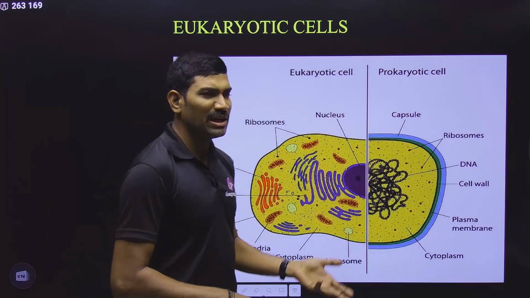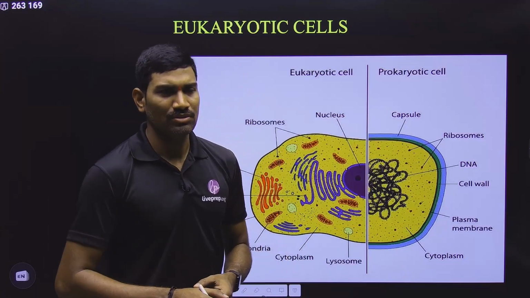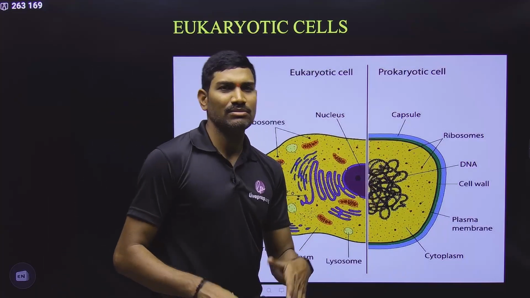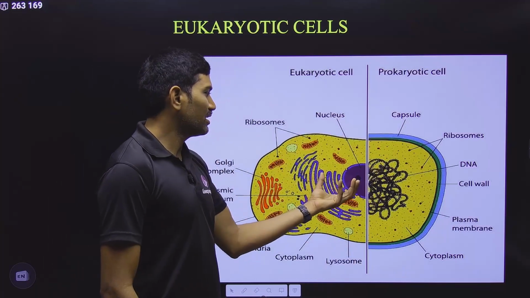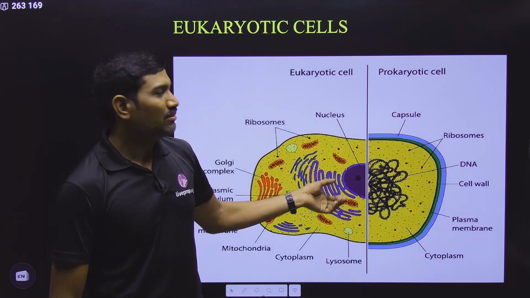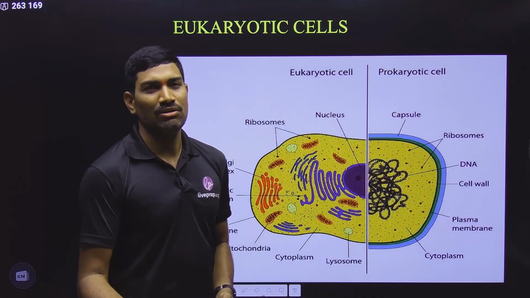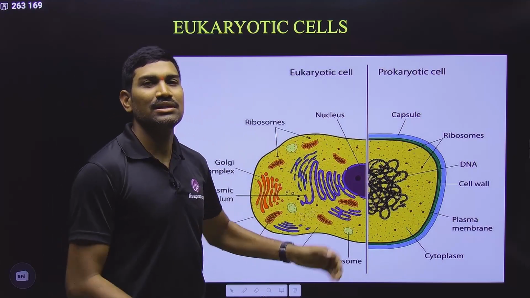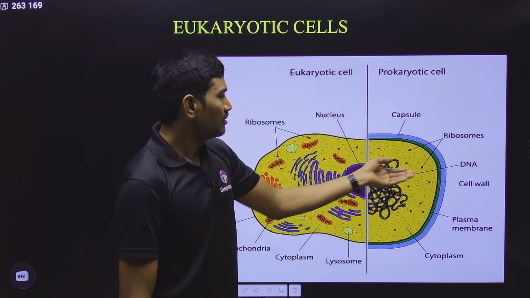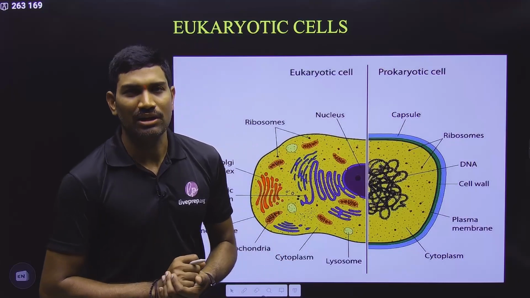Next one is regarding the plasma membrane, which is compulsory for both. Clear? And next is cytoplasm, which is also present in both. But in eukaryotic cells, the nucleus is present, while the nucleus is absent in prokaryotic cells. Since the nucleus is present in eukaryotic cells, nucleoplasm is another term we add here. That concept is not present in prokaryotic cells.